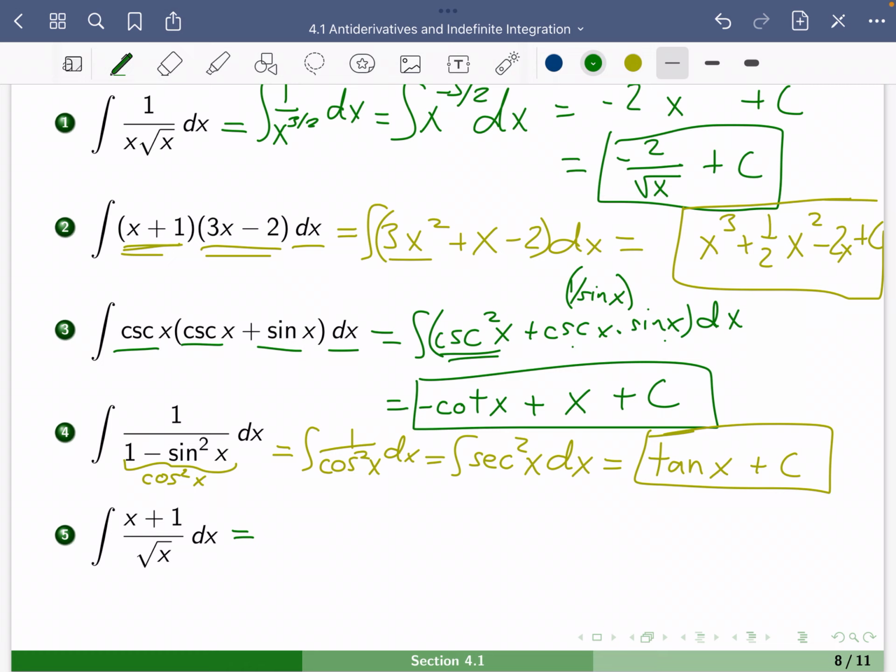So how might we deal with this? Well, this is x plus 1 over x to the 1/2. I'm just rewriting using rules of algebra. And we could write that as x over x to the 1/2 plus 1 over x to the 1/2 dx.